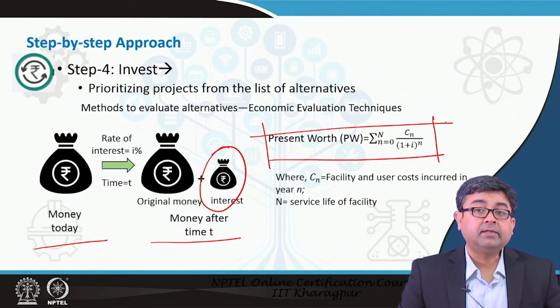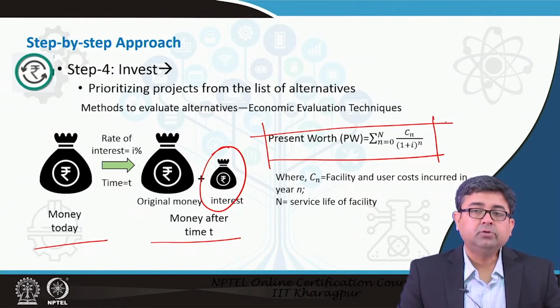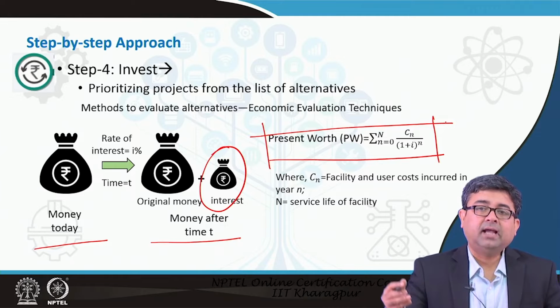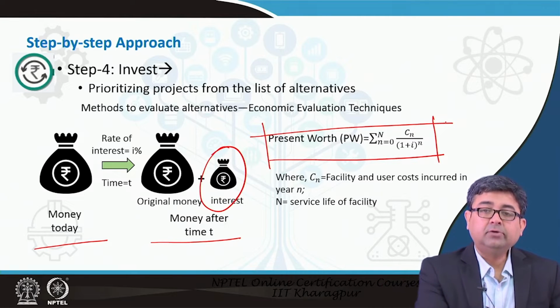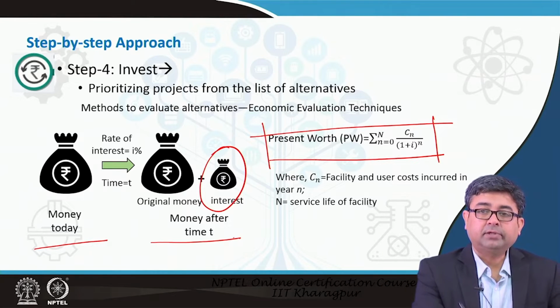So, if you have to invest money in an NMT project, that means whatever money you are investing today in that project, the returns that you will get from it in the future should be higher than the value of the money in the future, right.